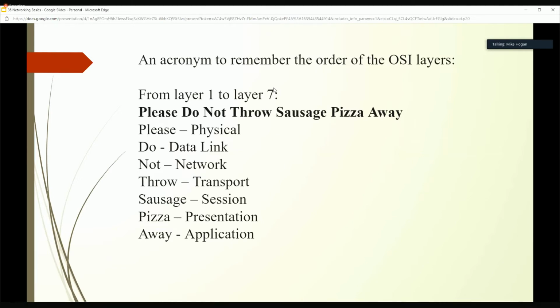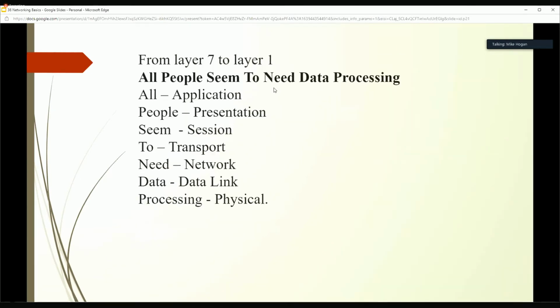And so really, that session and presentation, just remember those two. Typically you can recreate those layers 1 through 7, or if you've got 7 through 1, if you're going the opposite direction, application through physical. "All people seem to need data processing." Each one of those acronyms will work, or you could come up with your own acronym to help remember those layers.